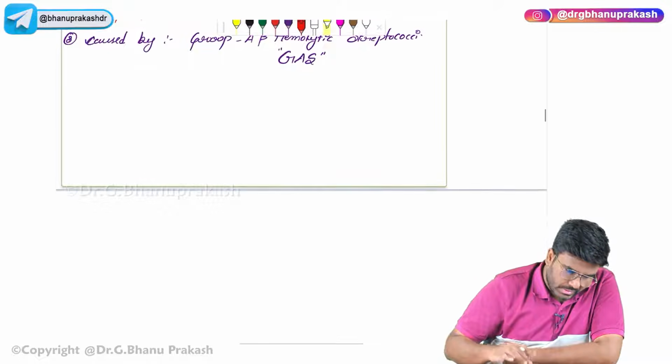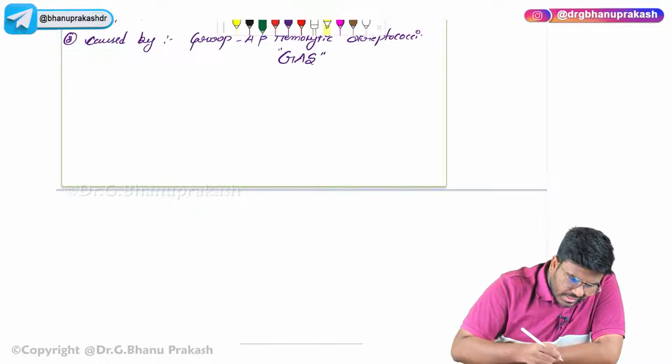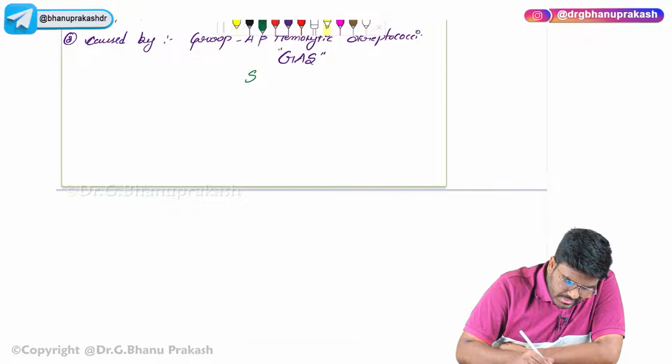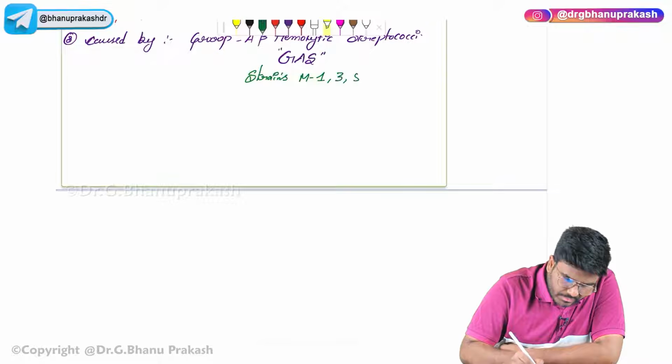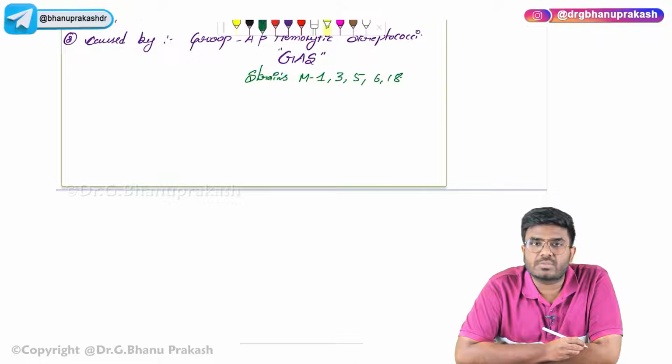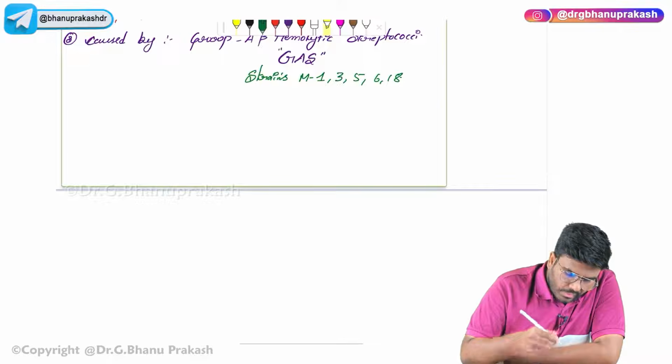Let me tell you, in this group A beta hemolytic streptococci, only certain strains, not everything, are important, strains like M1, 3, 5, 6, 18. These strains are responsible for rheumatic heart fever.